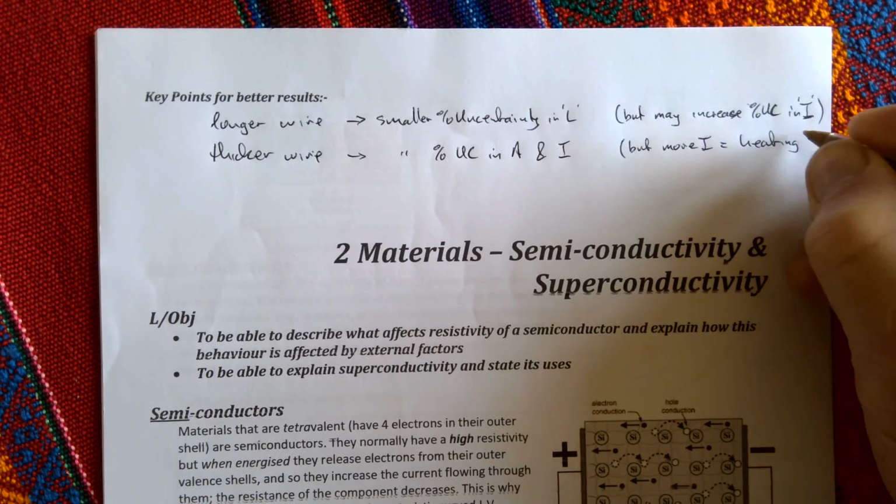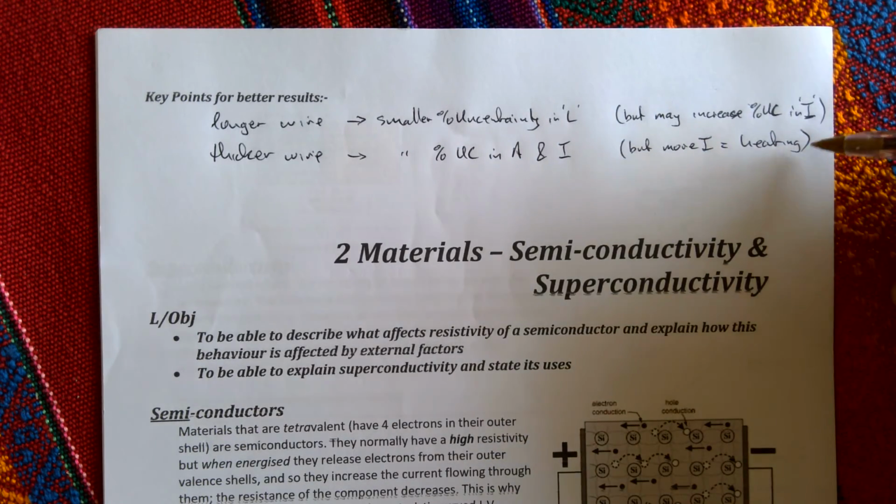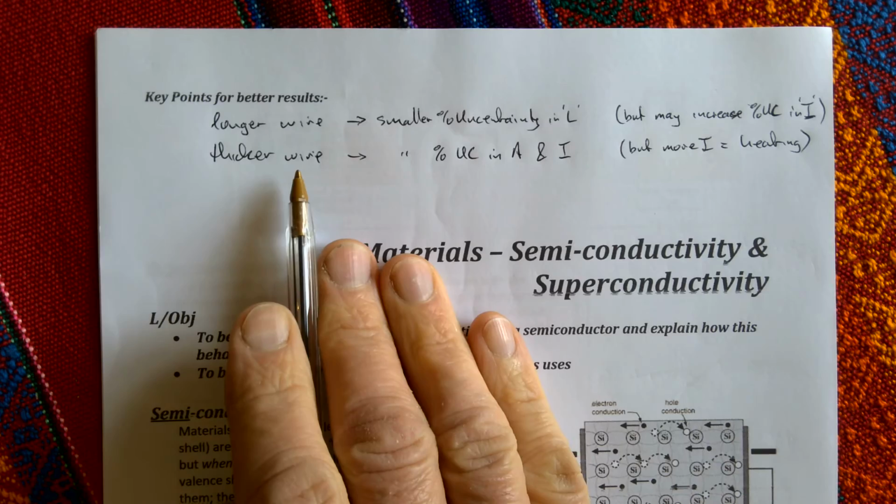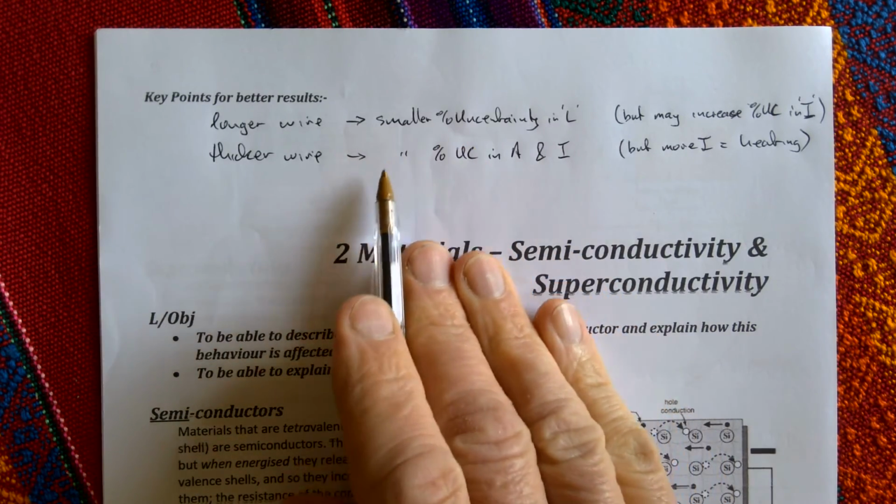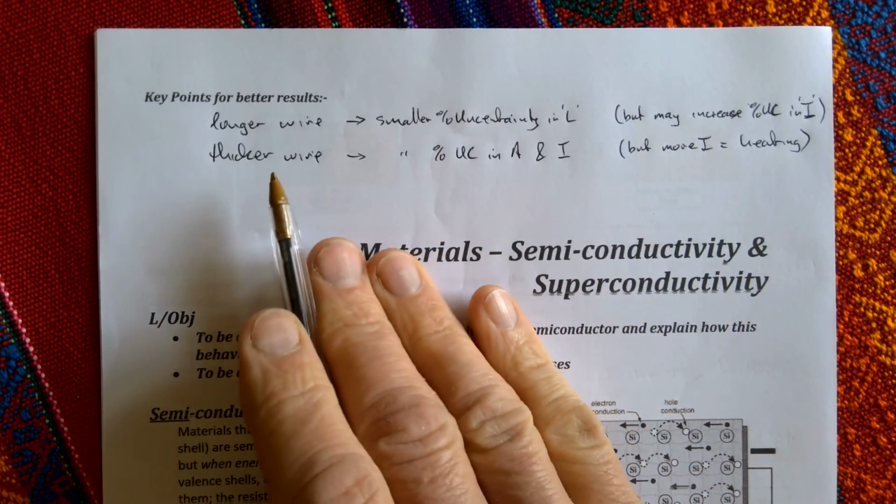And so if you get more current, you're going to get more heating. So perhaps a thinner wire is better, but it will mean a larger uncertainty in your measurements for the diameter of the wire.